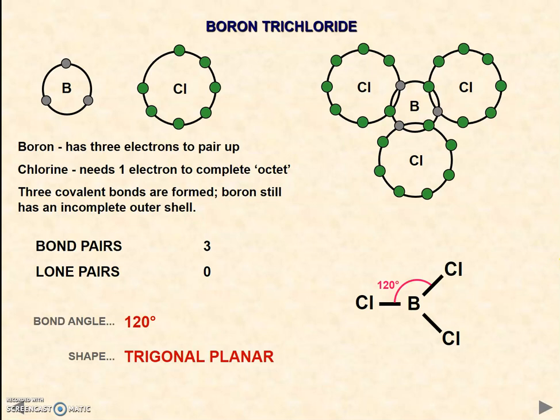Any molecule where the central atom is surrounded by 3 bonding pairs of electrons will have a bond angle of 120 degrees. So 3 bond pairs, no lone pairs, 120 degrees, and we call this trigonal planar.